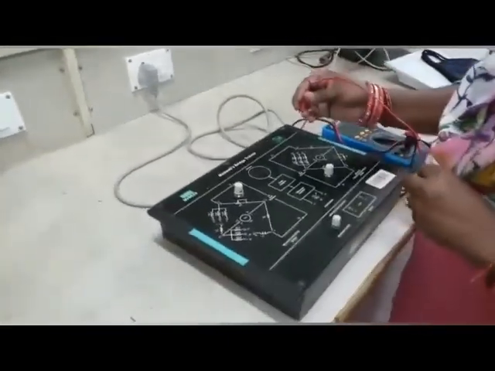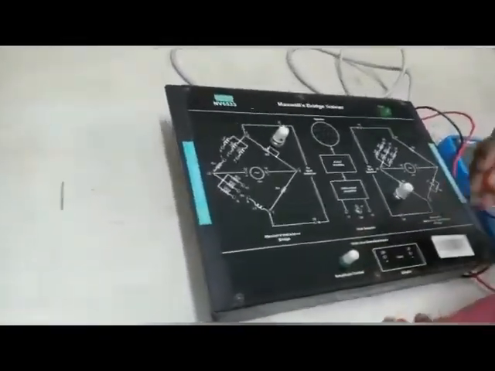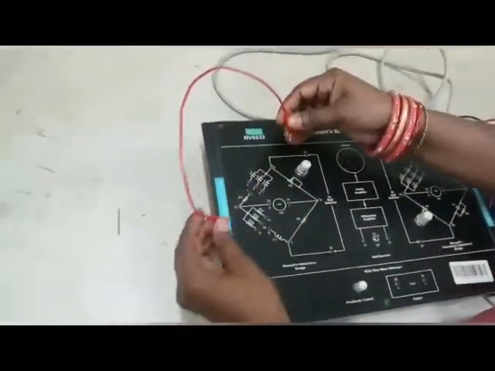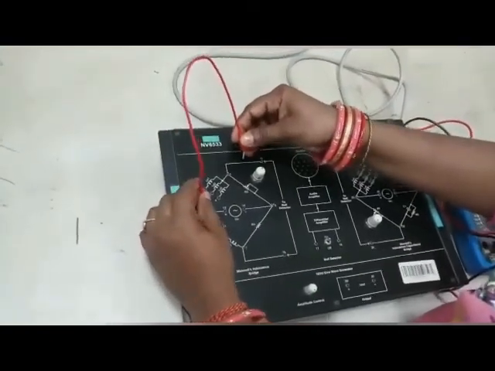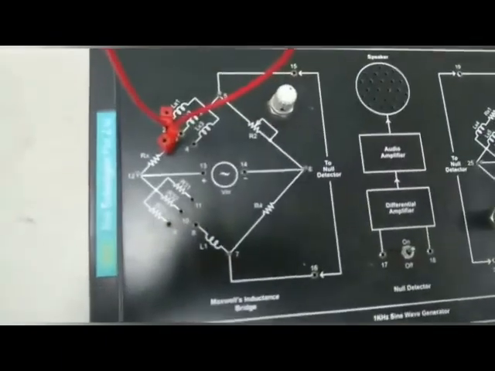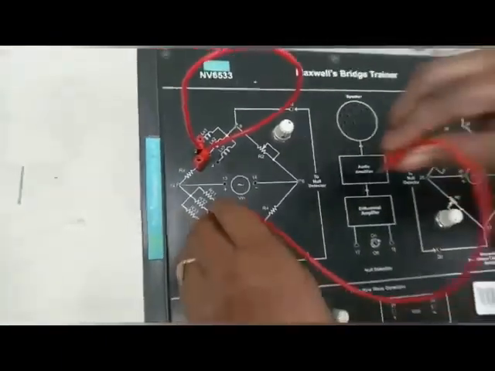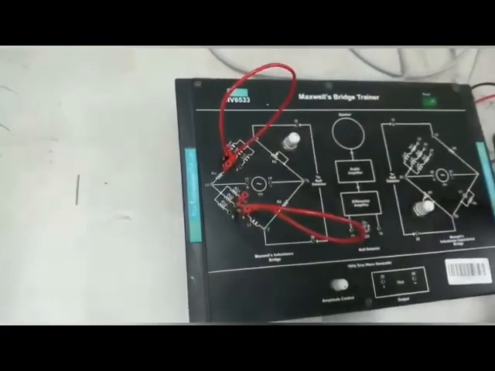So first, Maxwell inductance bridge. First we have to connect a patch cord from terminal 1 to 2, and take another patch cord and connect from 8 to 11 terminal.